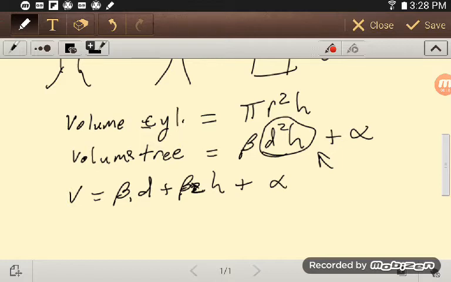Now, but I may also find that, actually, you could think of d squared h sort of like an interaction term that's mentioned in the text and that sort of thing.